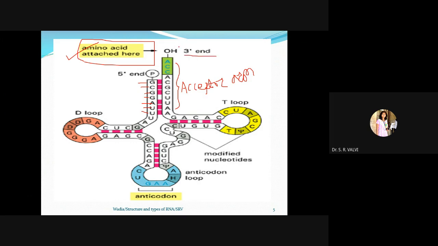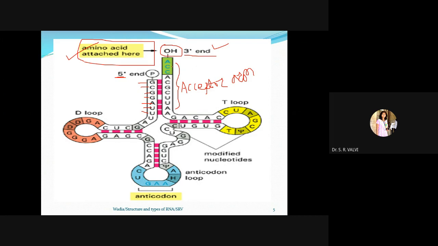Whereas the opposite end, that is the 5' end, where you can observe in the center P, is the phosphate group which is attached to the fifth carbon of the ribose sugar, in ribose nucleic acid.